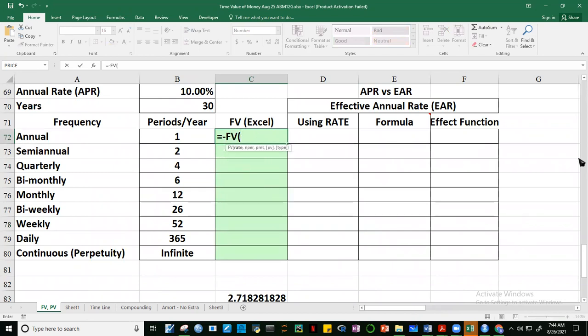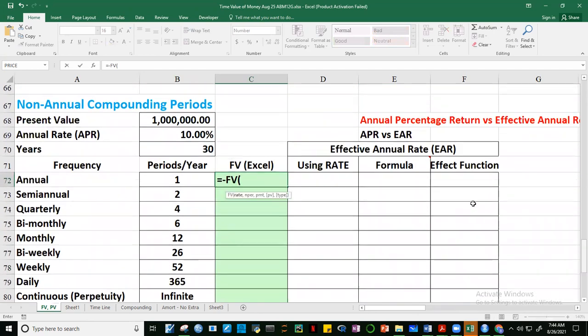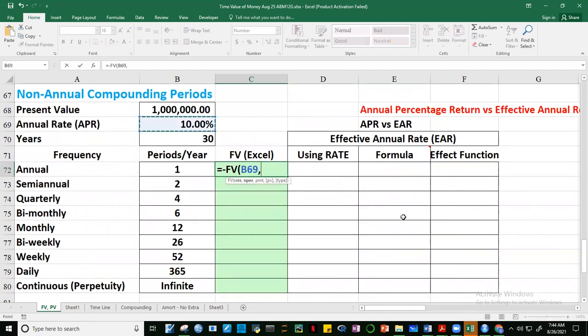Okay, so these are the parameters. The rate is our 10%, comma, NPER is 30. Ignore the PMT because this is not an annuity. This is just a single cash flow, present value of 1 million. Okay, then the type we ignore because this is not an annuity. Control Enter.